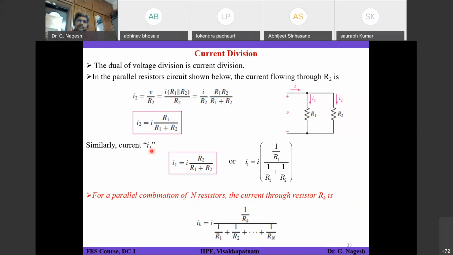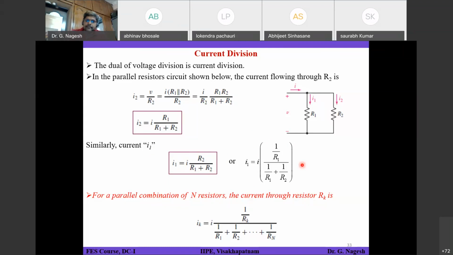Similarly, what will be I1? Total current into opposite resistance, R2, divided by R1 plus R2. So you can straight away find the current flowing through individual branches if there are two resistors in parallel by using these two basic formulas.